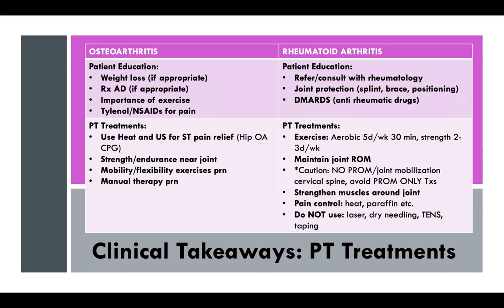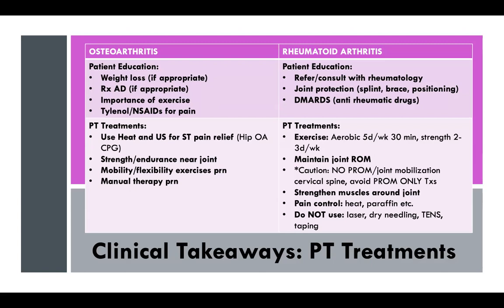Treatments for rheumatoid arthritis and some of the pain control that we might get from modalities could be heat, could be paraffin. One of the things that I didn't mention, but I meant to, is that often individuals with these two disorders will complain of morning stiffness.